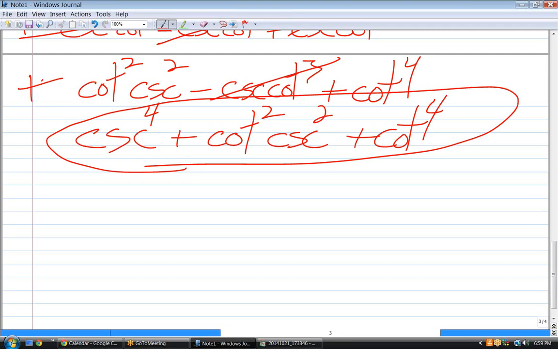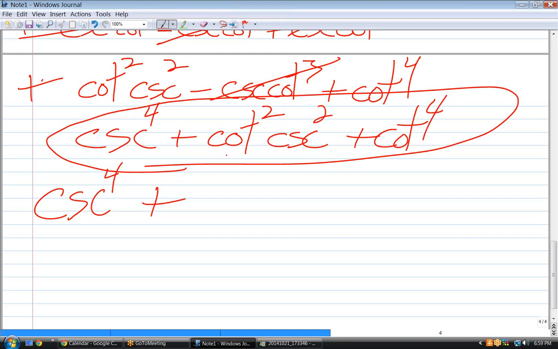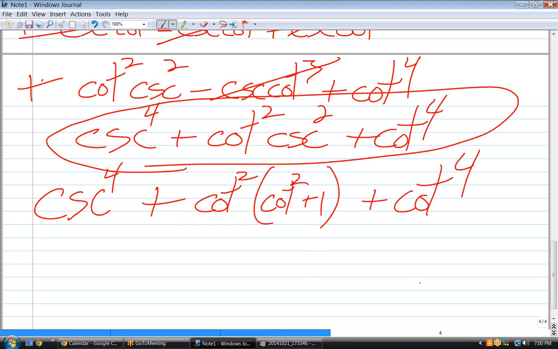Now, hold on a second. Aha! Let's keep going here. Cosecant to the fourth plus, well, cosecant squared is 1 plus cotangent squared. Cotangent squared plus 1 is the identity for cosecant squared. We might be getting somewhere here.